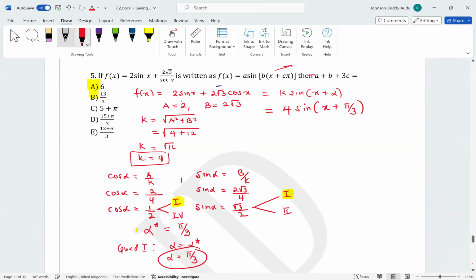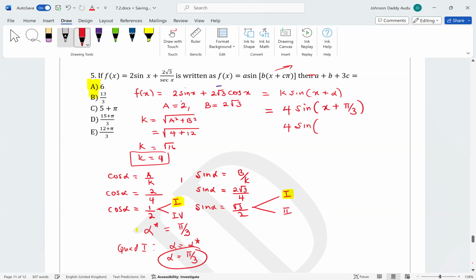Look at how it is looking. We can take 3 as a common factor. Remember, we want to write it in the form of this.